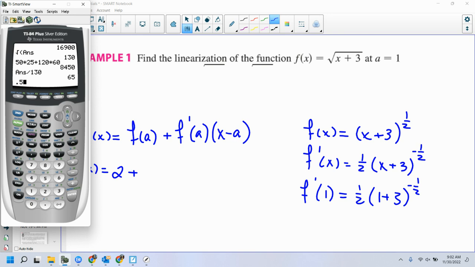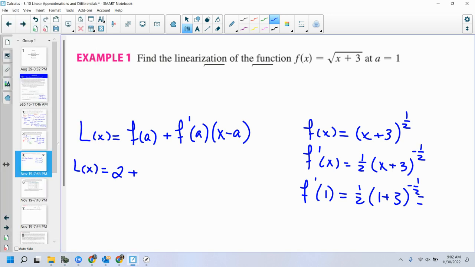So 0.5 times 4 to the, I'm going to put this in parentheses, negative 0.5 power. 0.25. Sure, you want to make it 1/4? Make it 1/4. 0.25 times x minus 1. And that is the linearization.